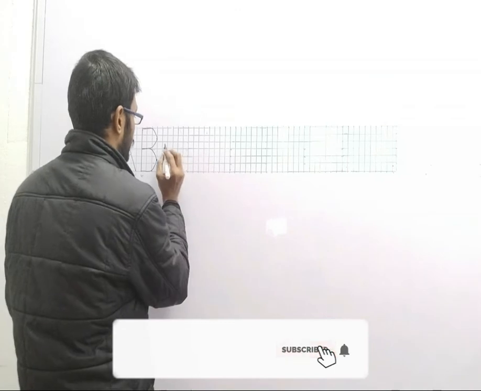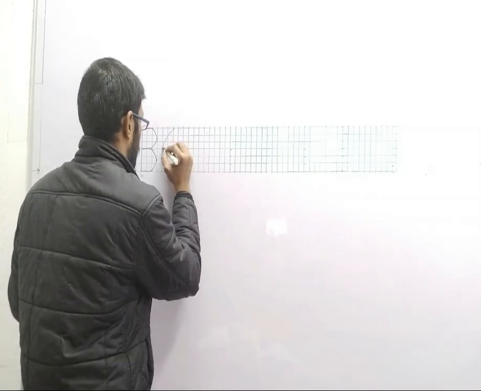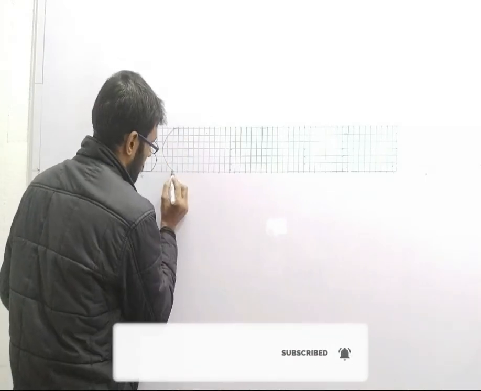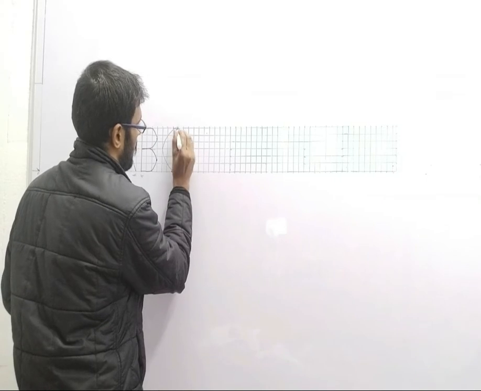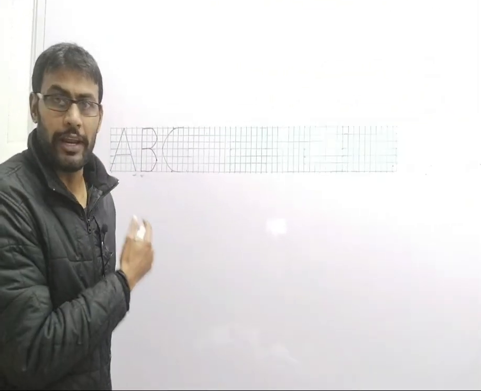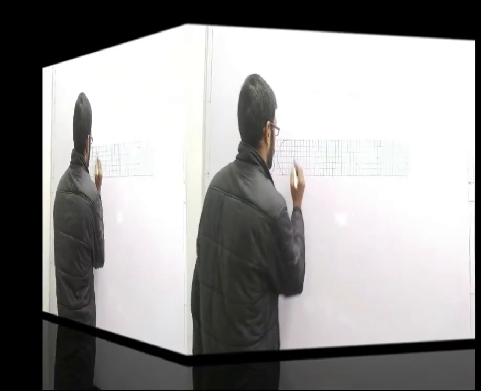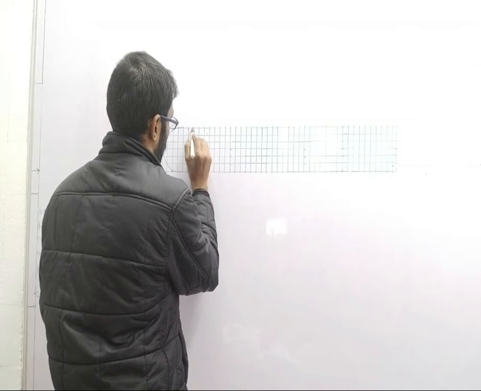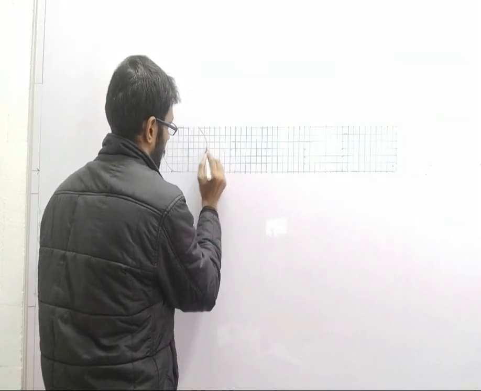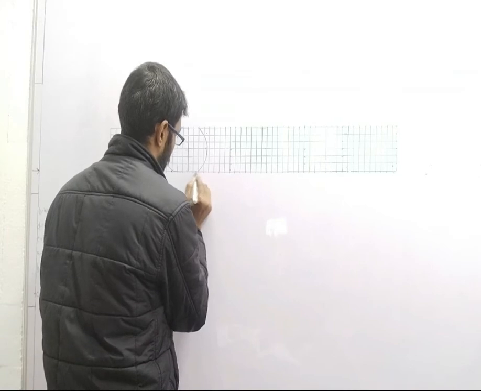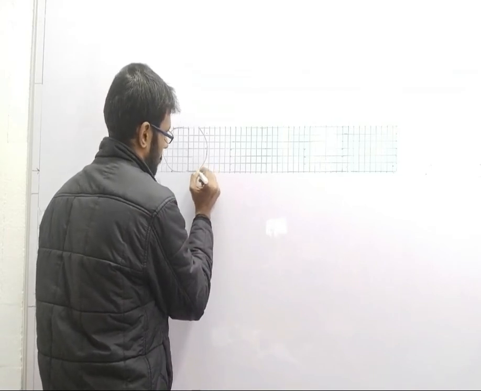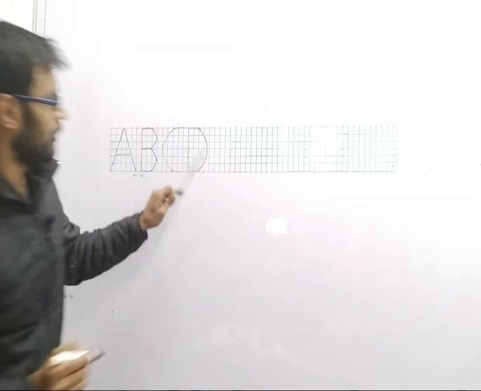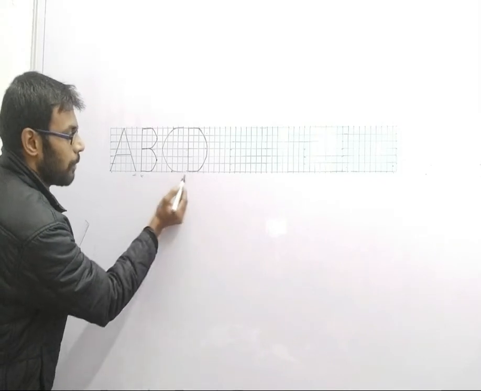Next is your letter C. When you draw A, then B and C, the next letter is your D.